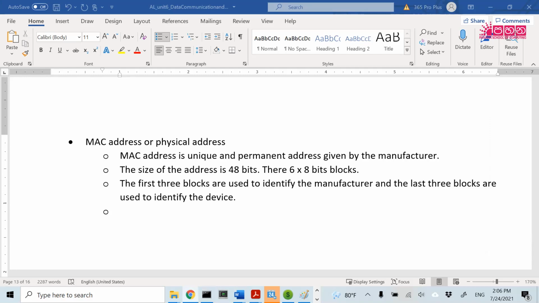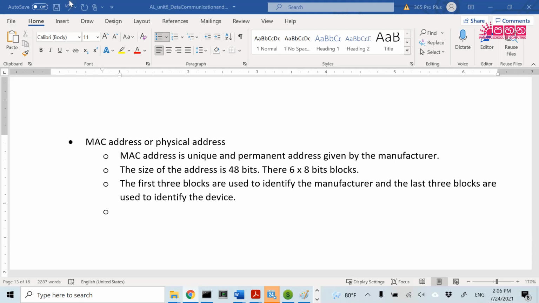So let's write down an example. If you look at the local area network details, you can find this on any machine. You have 6 blocks, and I told you the first 3 are for the manufacturer and the last 3 are for the device.